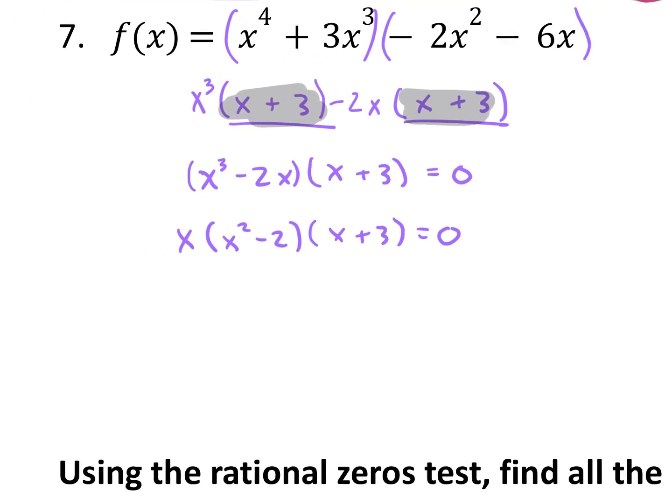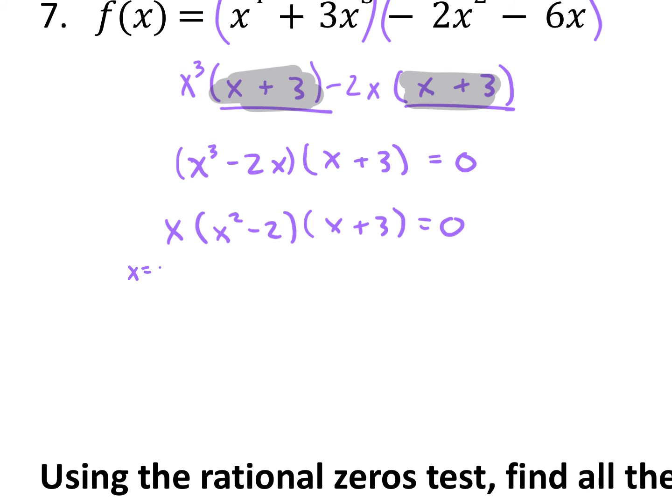All right, now I can just set each piece equal to 0. So x equal to 0, x squared minus 2 is equal to 0, and x plus 3 is equal to 0. So there's one answer. I have x squared is equal to 2. Take the square root, so what's x equal to?